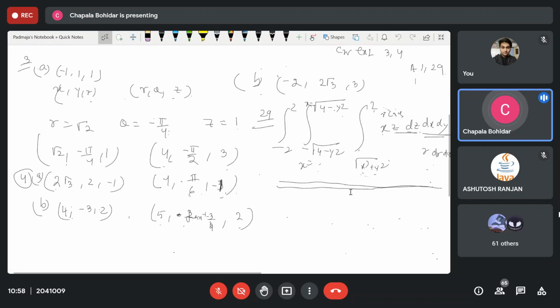So next class will start triple integral in spherical coordinates. It is the same as the cylindrical coordinate, but we have one more angle that is called phi. I'll do 15.9, then 15.10, 16.1 and 2. I'll solve everything.